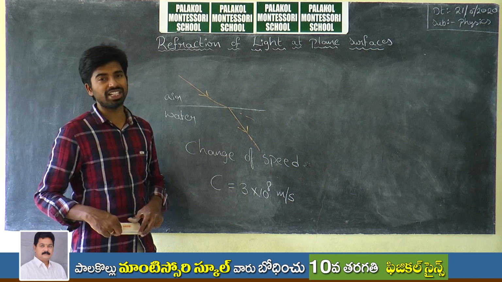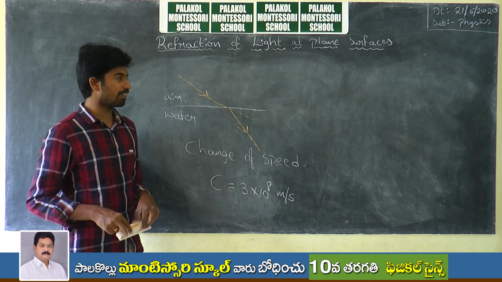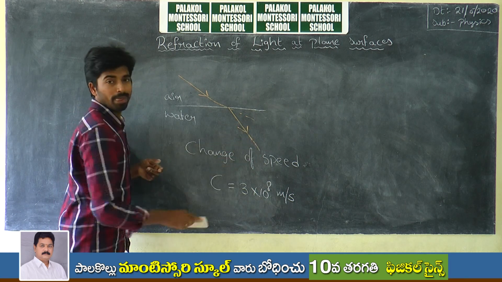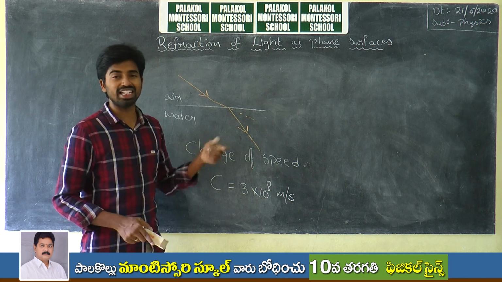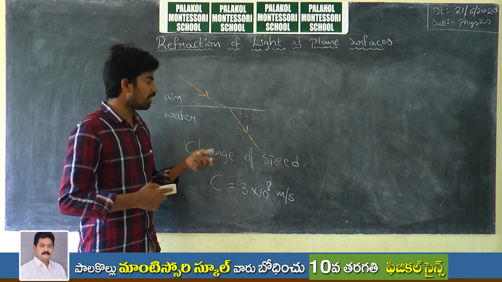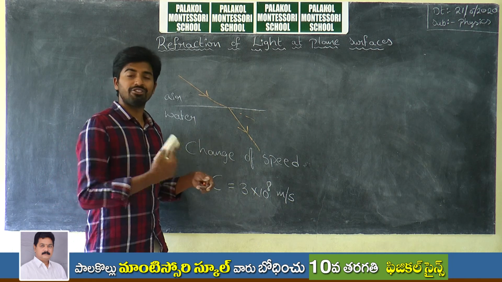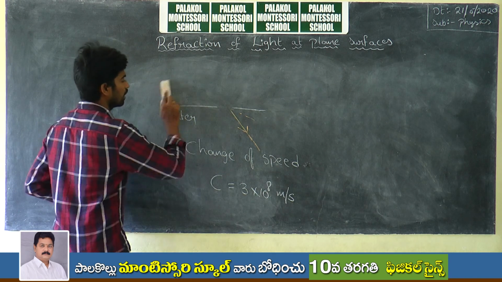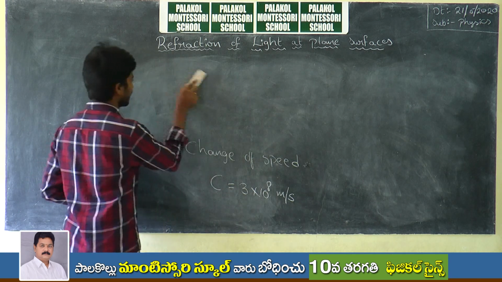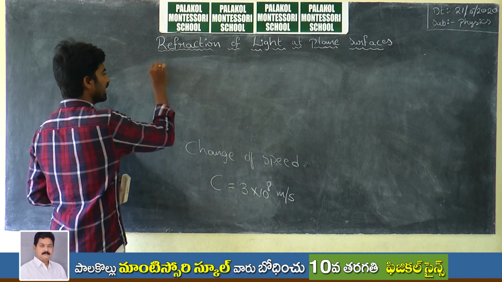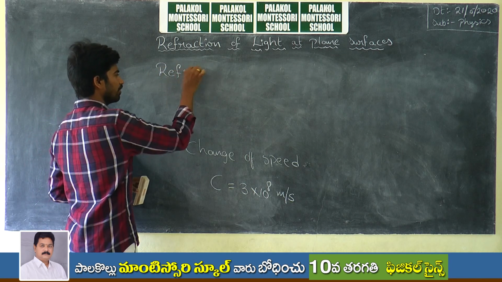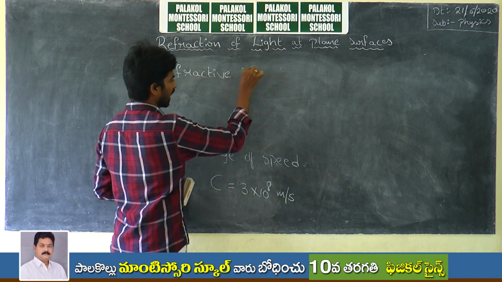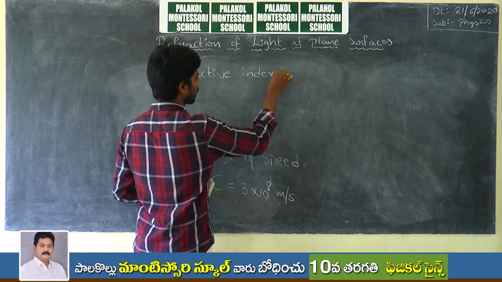The degree of deviation, how much the light will be deviated from its actual path, can be known with the help of a new physical quantity, that is refractive index. So here you are going to learn about refractive index.